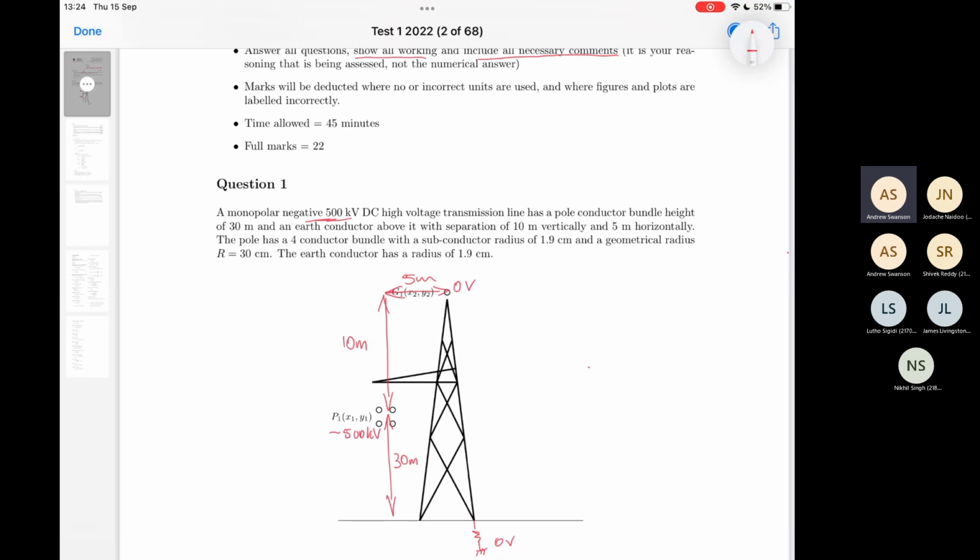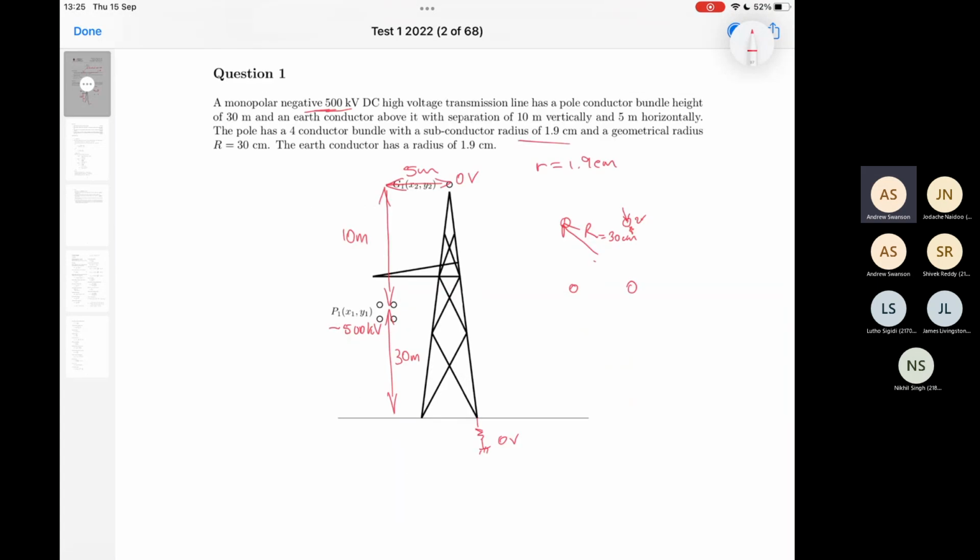All the conductors have a radius of 1.9 centimeters. And I gave you the geometric radius of 30 centimeters. The earth conductor also has a radius of 1.9 centimeters.